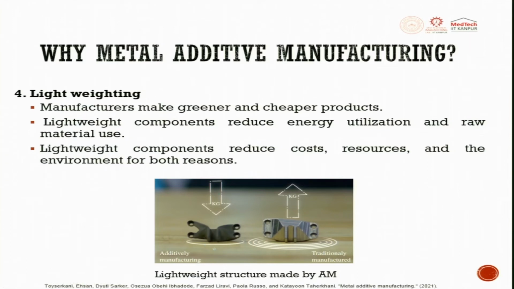Lightweight, you see, from this we have reduced to this. So you can see here, this is gone here. So the weight is reduced. This is the clamp which is used. Now they have reduced the clamp, made the clamp a little more complex such that it can take load.